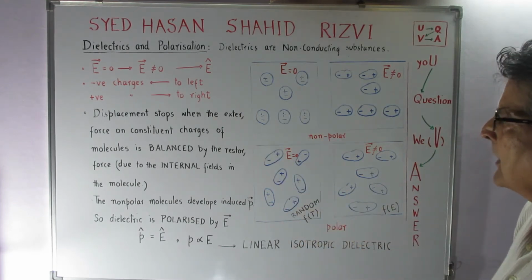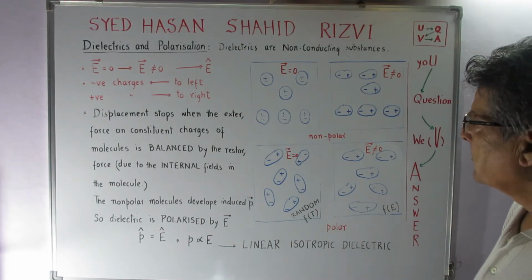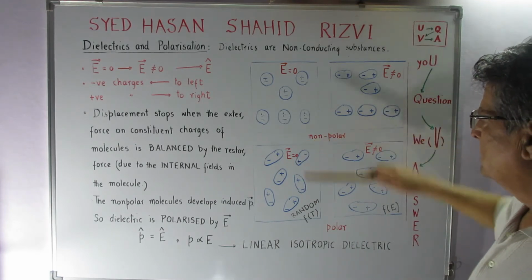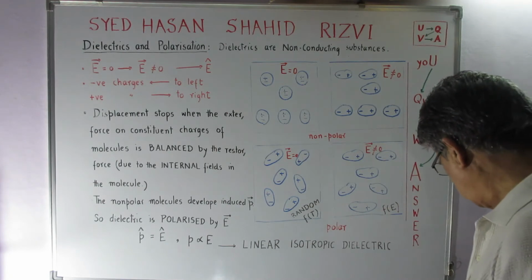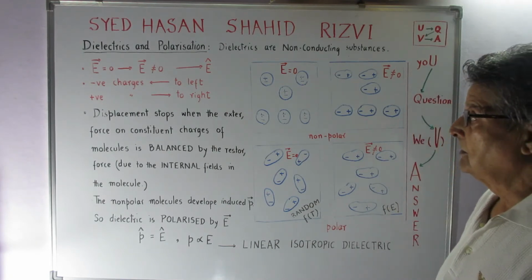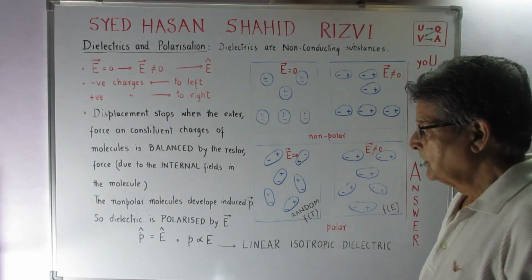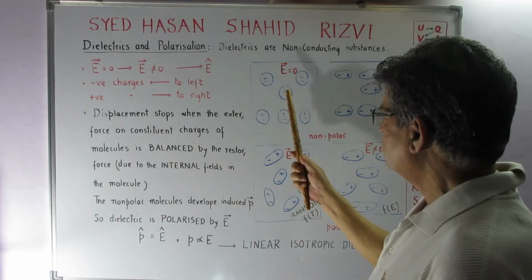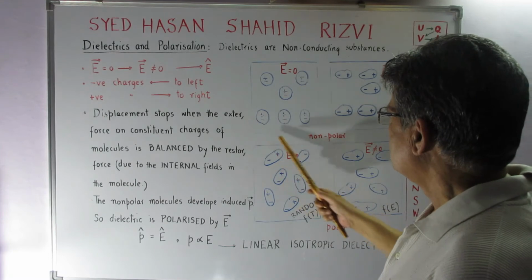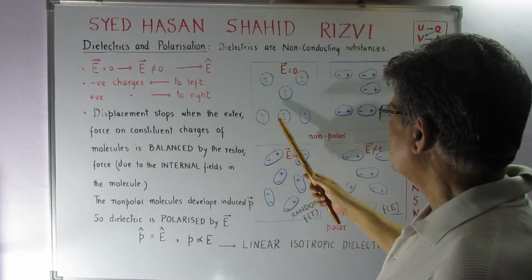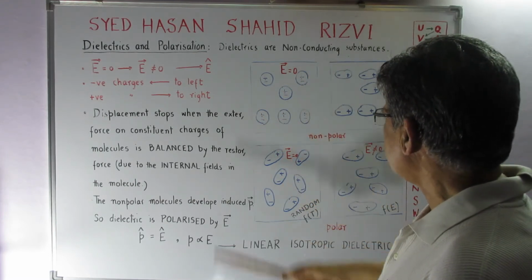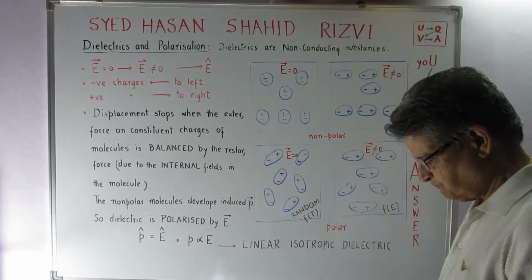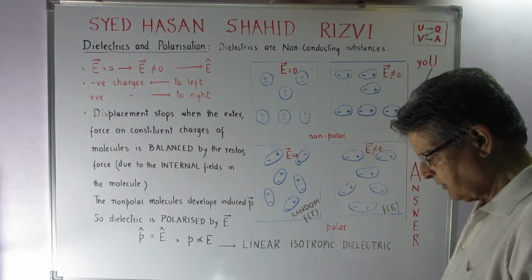Now, let's talk about the non-polar molecules, which don't have a permanent dipole moment vector. Look here. The charges are like this, plus, minus, like that, without the field.